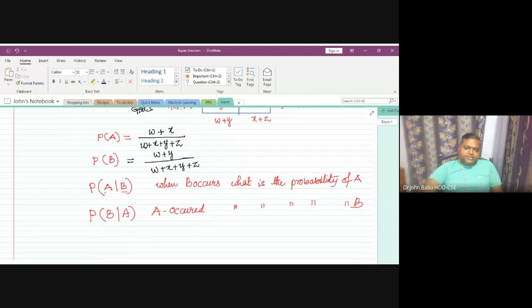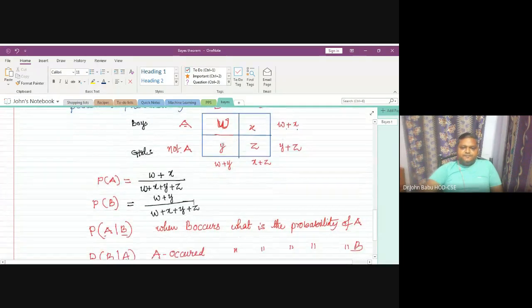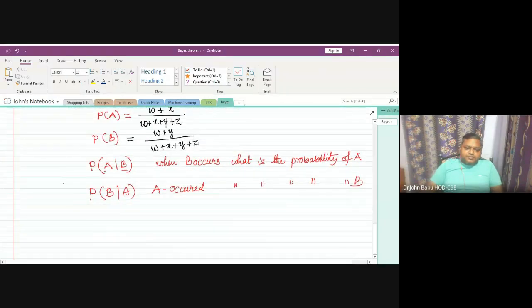Now, what is the probability that A given B? A given B, that is, when B happens, what is the chance of A happening?